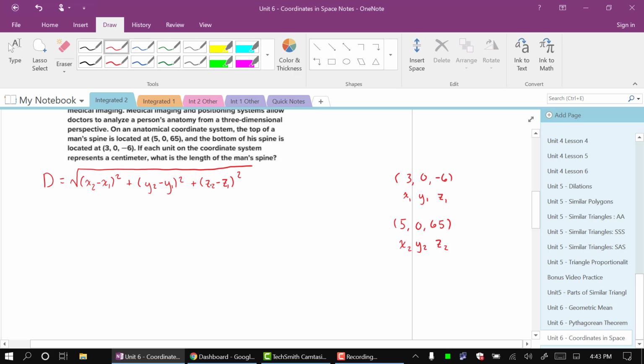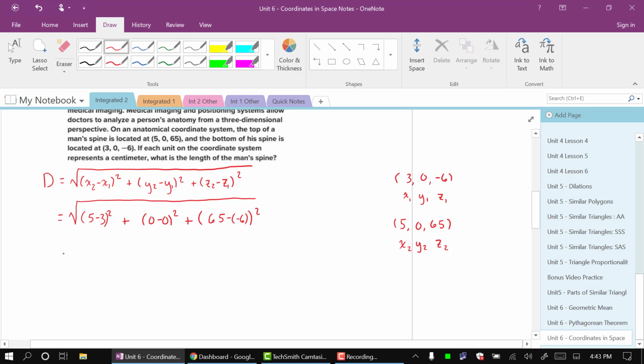So let's plug in the values that we now have. So we have our x1, our x2, our y1, y2, z1, z2. So square root of x2 is 5 minus 3 squared plus 0 minus 0 squared plus our z's are 65 minus -6 squared.